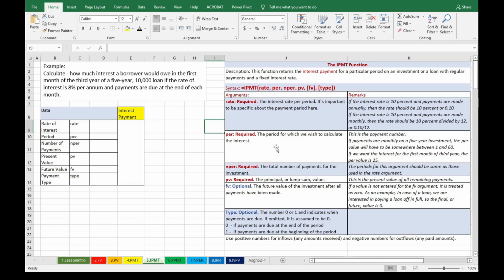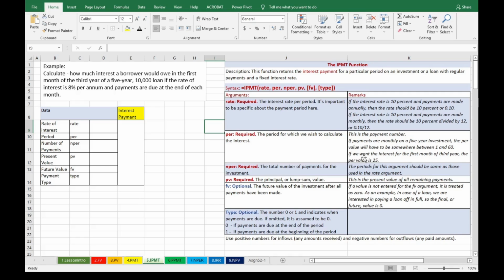Then PER is also required, and this is the period for which we wish to calculate the interest. This is a payment number, and this is important. If payments are monthly on a 5-year investment, the PER value will be somewhere between 1 and 60, because 1 month and 60 months for a 5-year period.